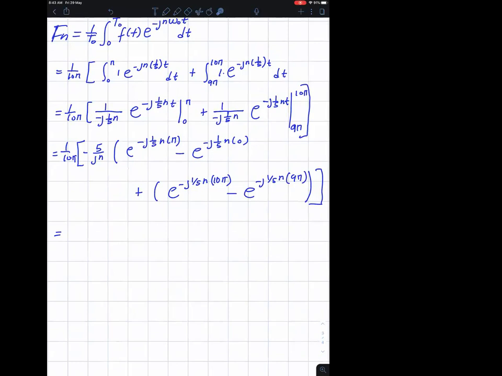If you look here, this 5 will cancel with this 10 here, and this is 2. 1 over 2 pi jn.